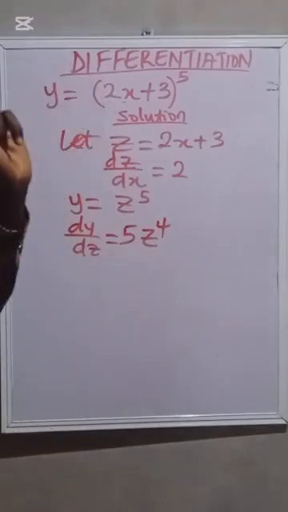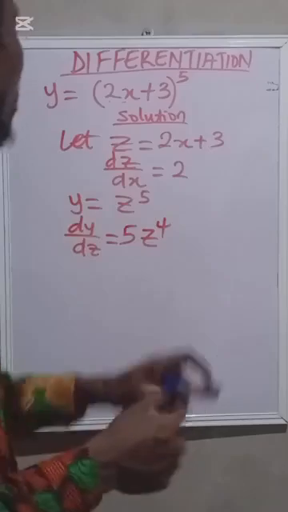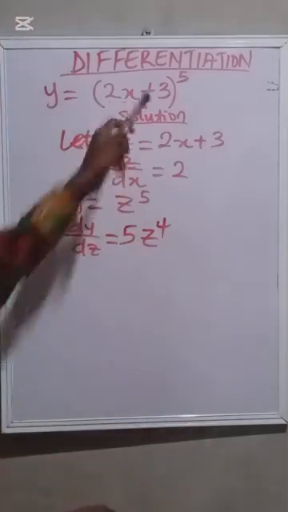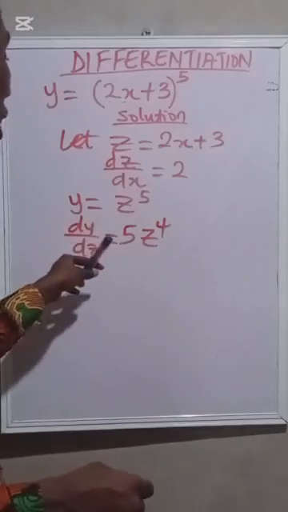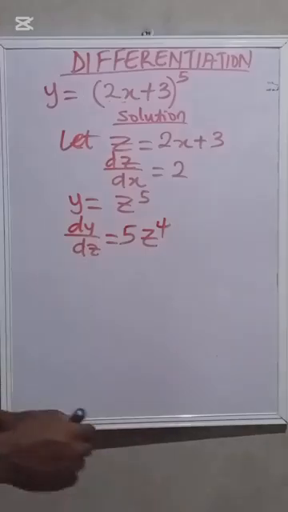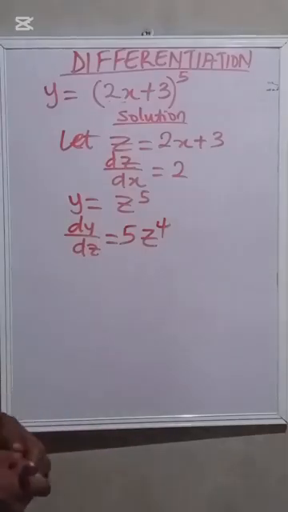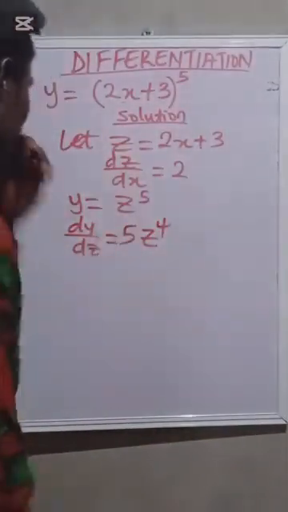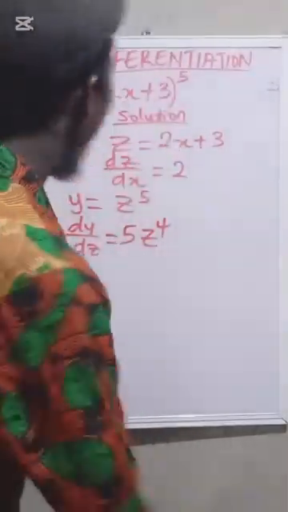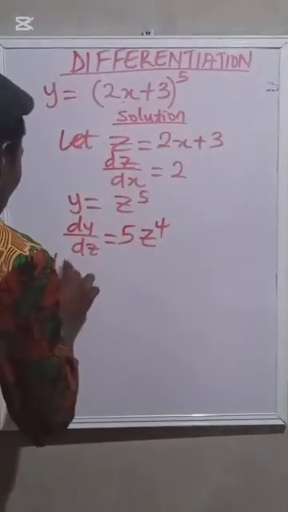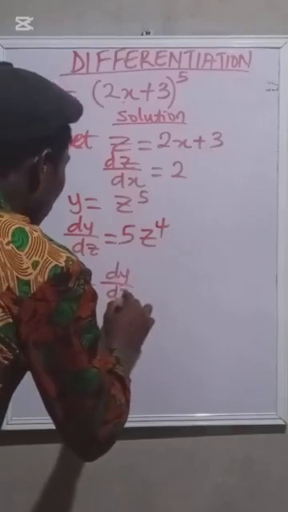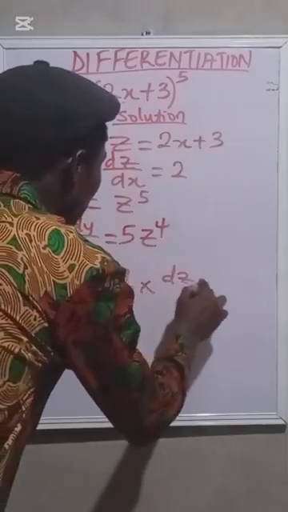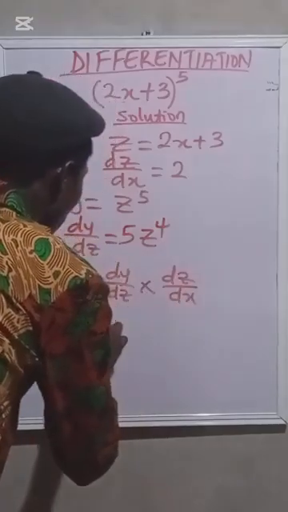For you to get your dy/dx, you know what we are actually looking for is dy/dx, that means dy with respect to dx. But now we have dz/dx, and we also have dy/dz. So what we are going to do is very simple: dy/dx is going to be equal to dy/dz times dz/dx.